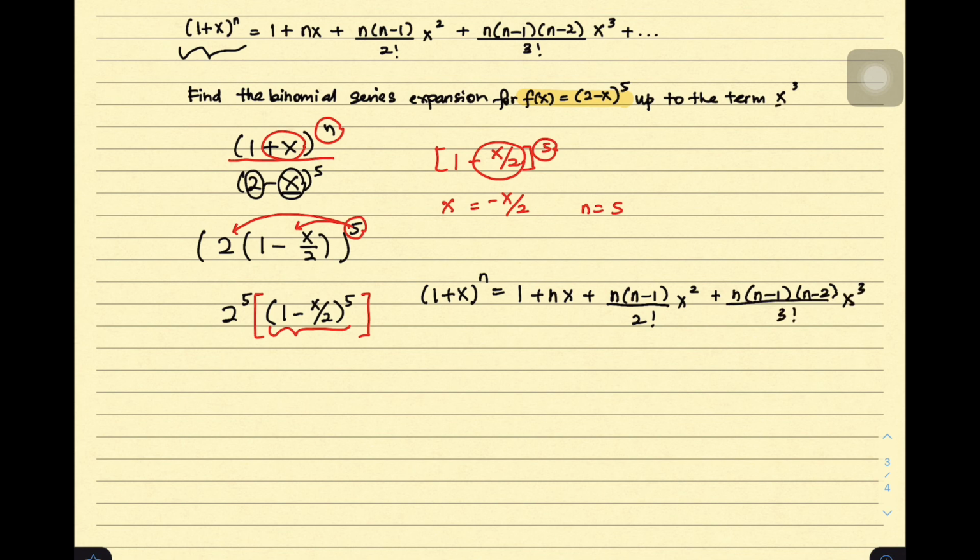Okay, so now apa yang awak kena buat hanyalah masukkan nilai x dan nilai n. So nilai x kita adalah negative x over 2, so kat sini awak ada 1 minus x over 2 to the power of 5.